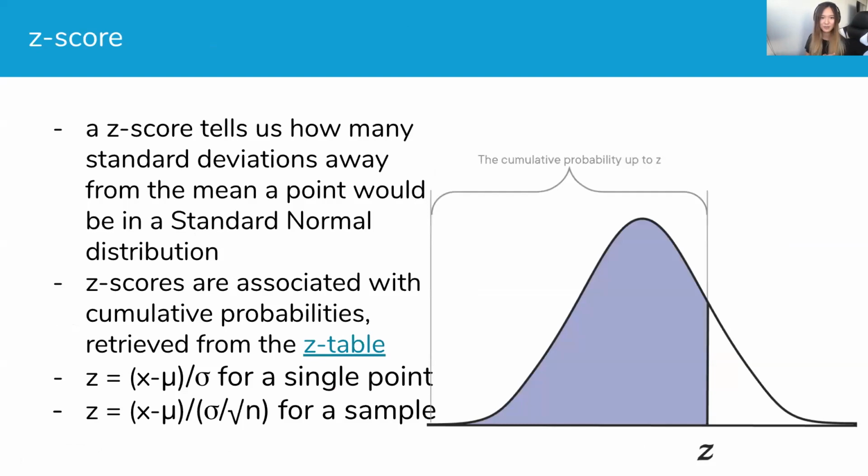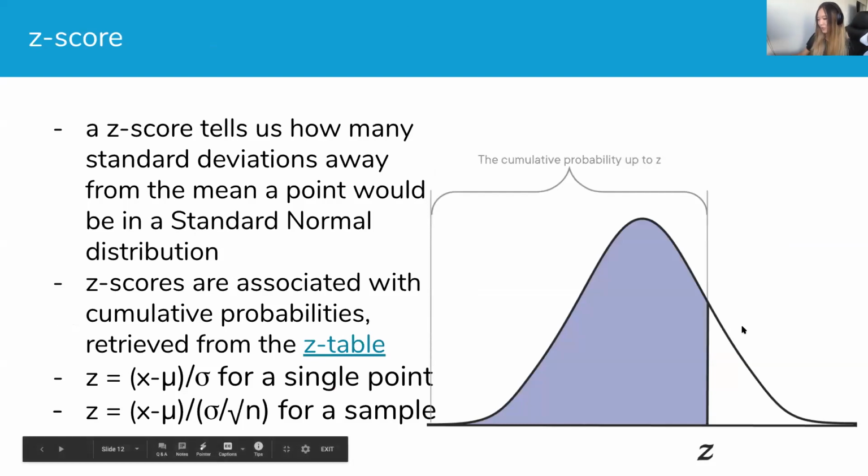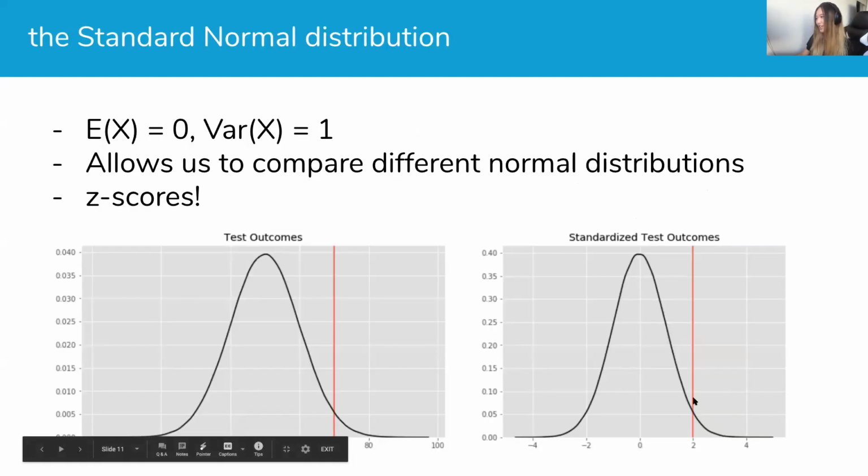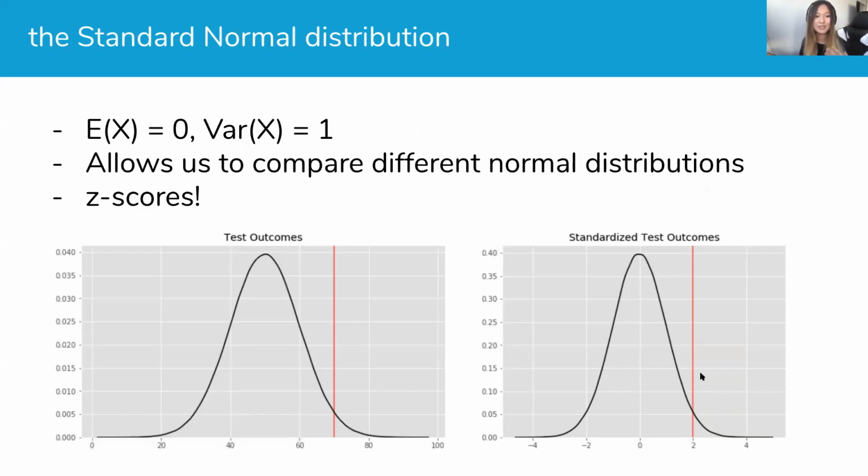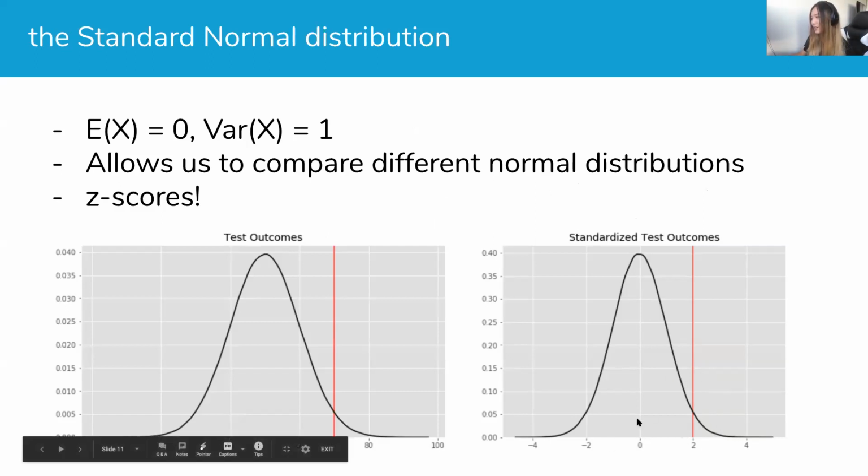Once you have a z-score, which is the equivalent value over here, there exists a z-table. The z-table tells you the area under the curve up to that point. And what's really cool is the area under the curve up to that point in a standard normal distribution is equivalent to the area under this curve up to this point. That's why it's helpful.